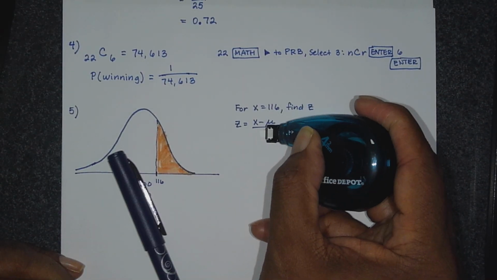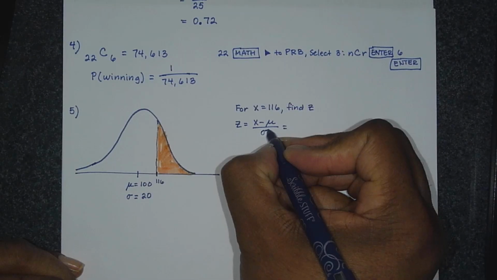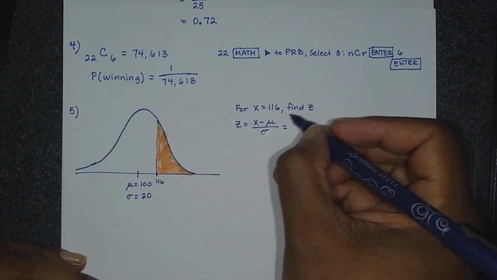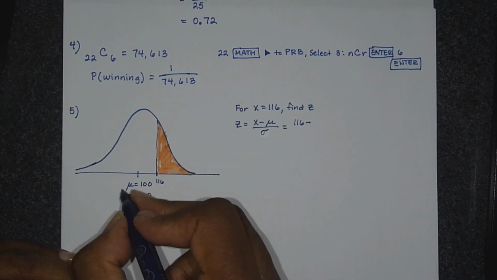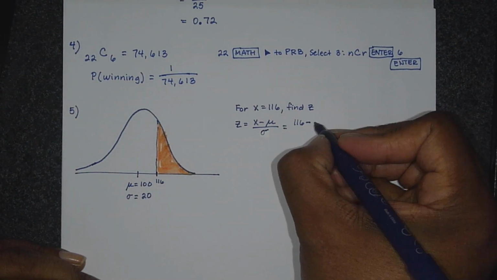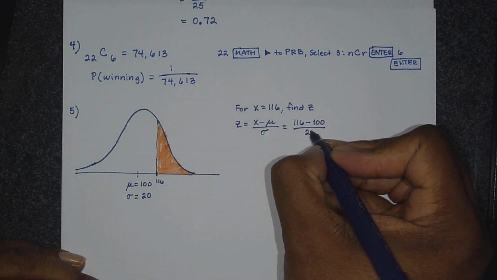Right, and I'm going to make that sigma look like a sigma. So here we just substitute the x with the 116 minus mu, that's the mean, that's 100, divided by sigma, which is 20.